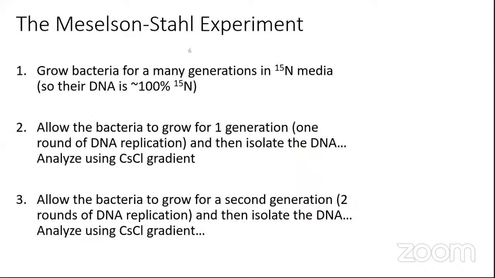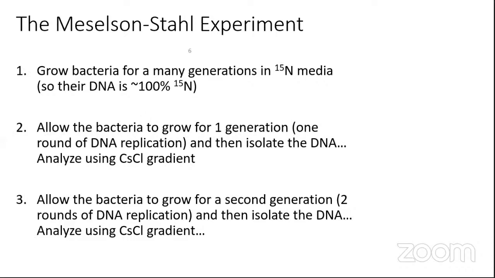This experiment was done by Meselson and Stahl. They grew these E. coli bacteria first in N15 medium, so that after further generations, the total DNA in the E. coli bacteria is N15.